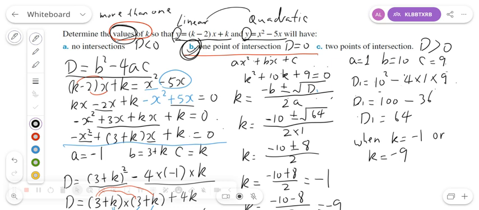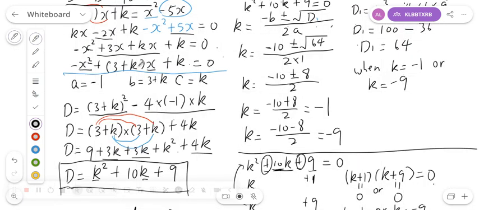Just focus on what the question asks you to find. They ask you to determine the value of k. So that basically means you're only going to analyze the quadratics that only involve k. All the other ones are for us to get the term k by itself. So you can see here from this one you have x and k. Do I still need to worry about this one?